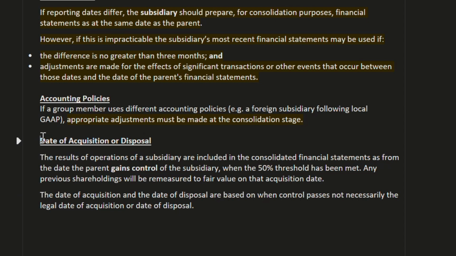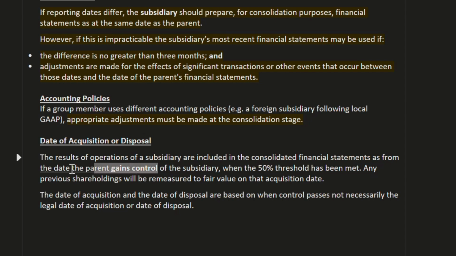Now, this is a very important point, that is date of acquisition or disposal. The results of operations of a subsidiary are included in the consolidated financial statements from the date the parent gains control. When the parent gains control, that date is the acquisition date.